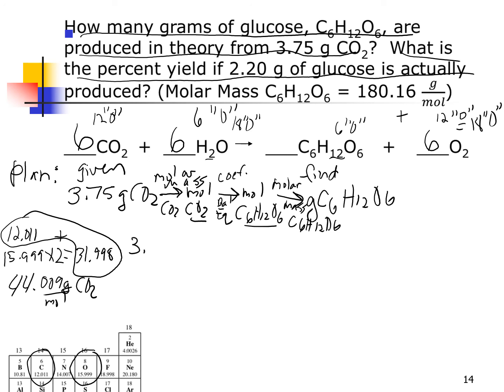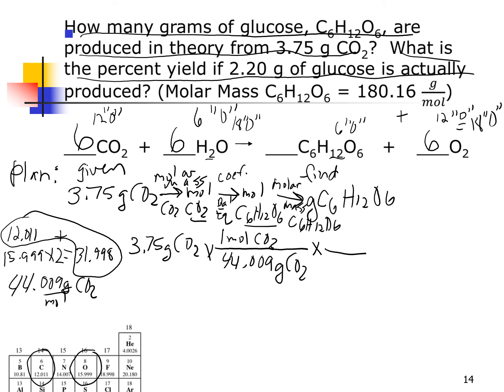So we have 3.75 grams of CO2. We said we're going to use our molar mass to convert to moles. So we can say 1 mole of CO2 weighs 44.009 grams. And then the next step is going from moles of CO2 to moles of glucose. So we're going to refer back to our balanced equation. 6 moles of CO2 will produce 1 mole of glucose.